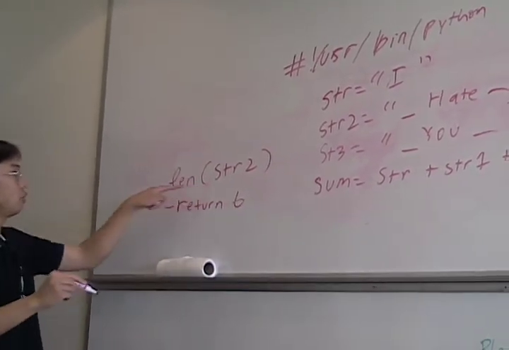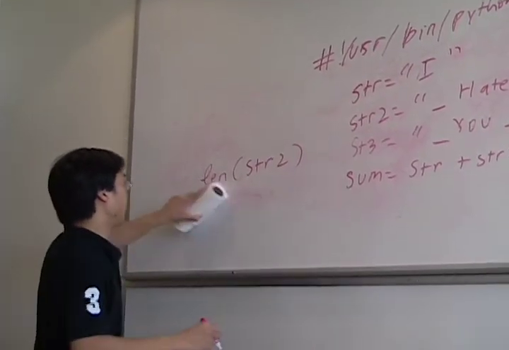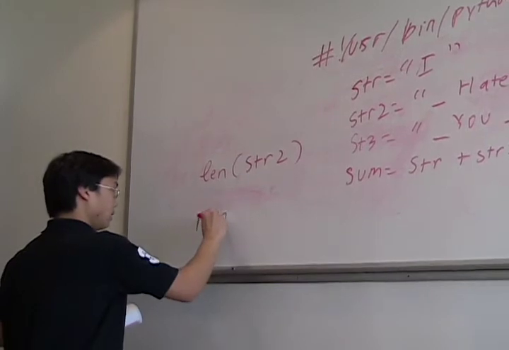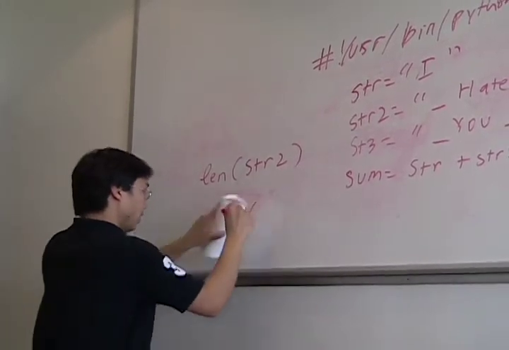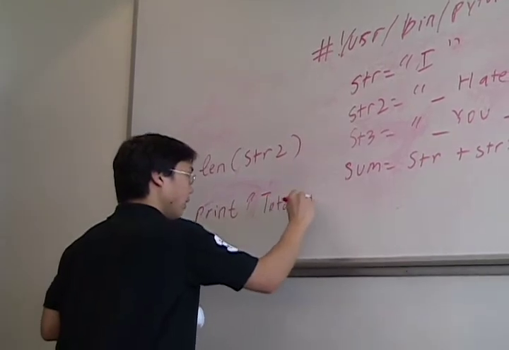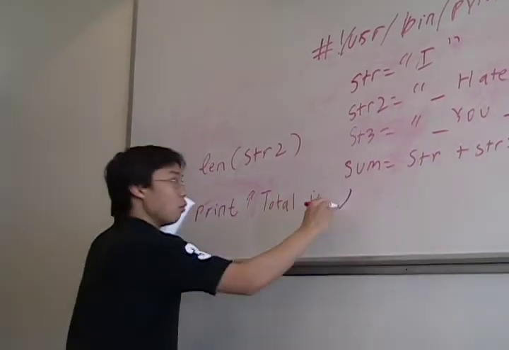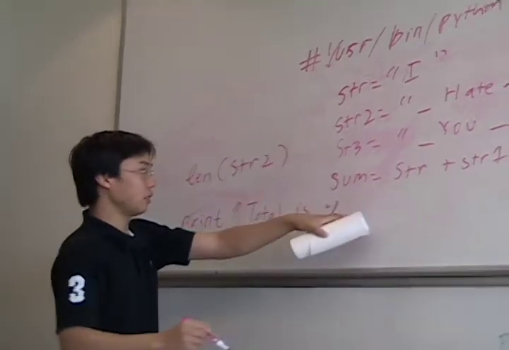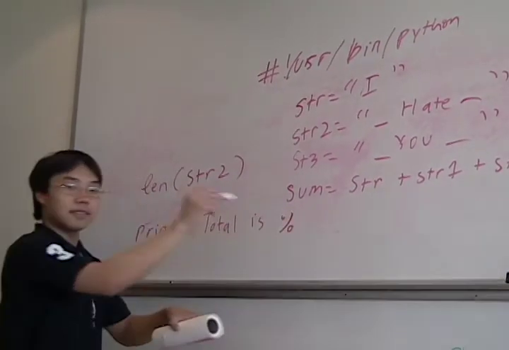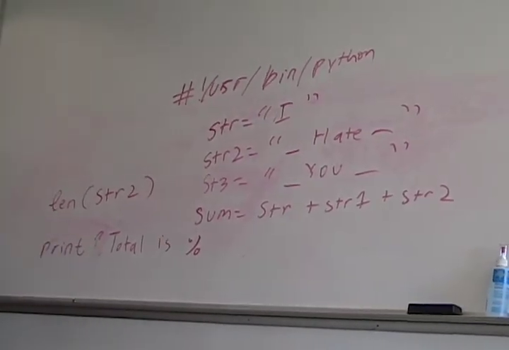So if I do a print statement, here I'll give you a more practical example. If I do a print, total is... length is going to return an integer. So what would my format be? Is it going to be an S, an F, or a D? Is it going to return a decimal or an integer?